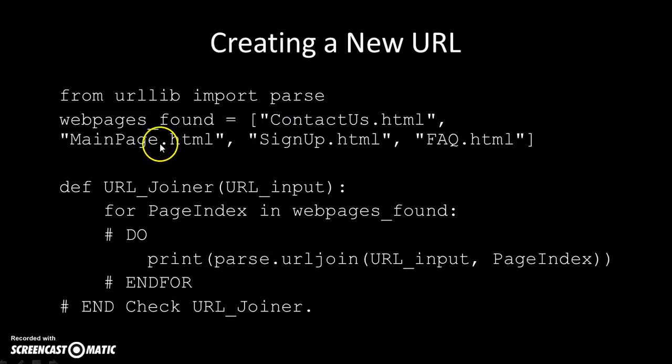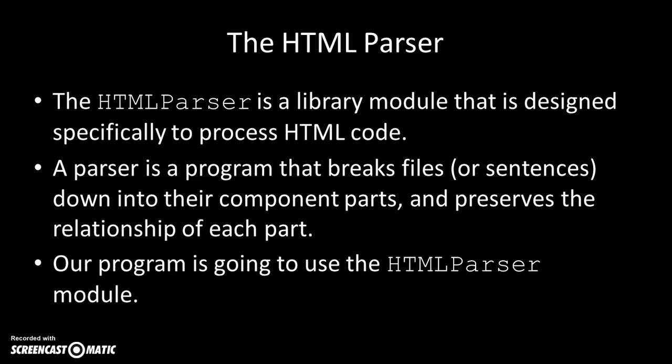So for each element in this list, contact us, main page, sign up, and faq.html, each one of those is going to be assigned the variable name page index, and then we're going to join the URL that comes in with contact us, main page, sign up, and faq.html, and that'll create those URLs, so then we can use URL open to open them.